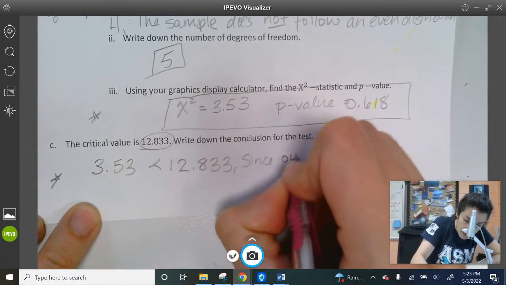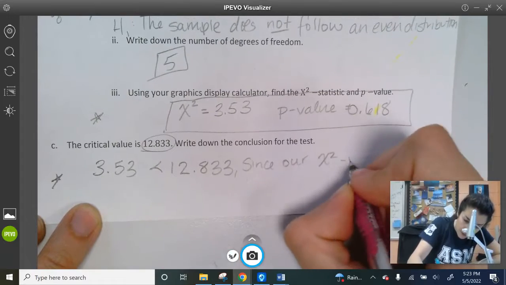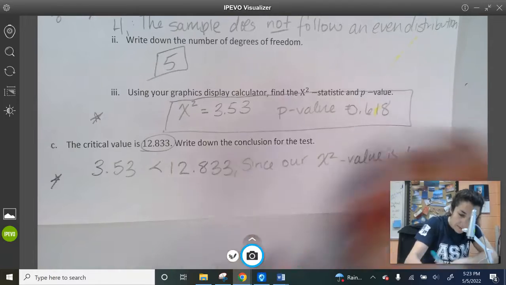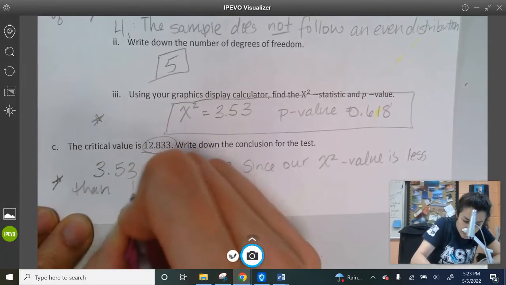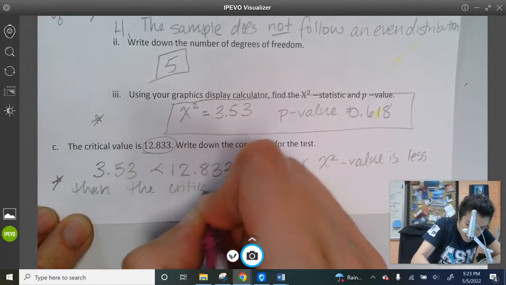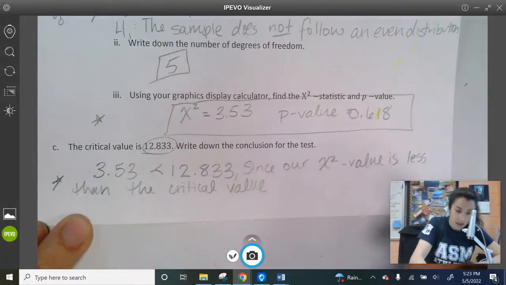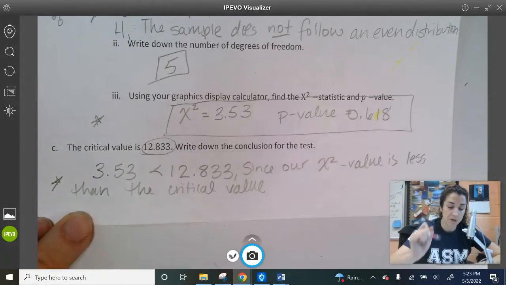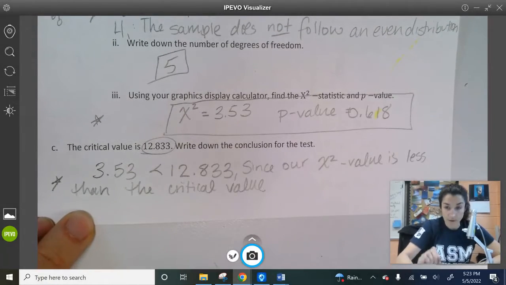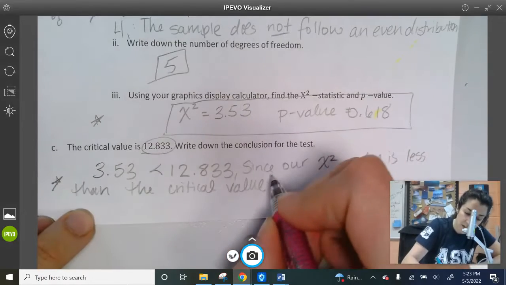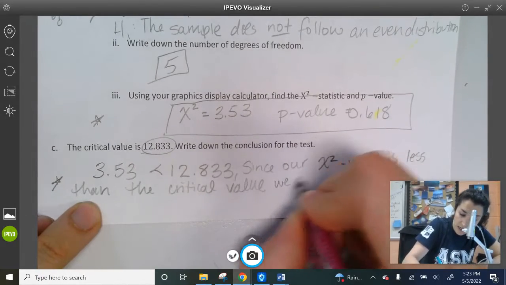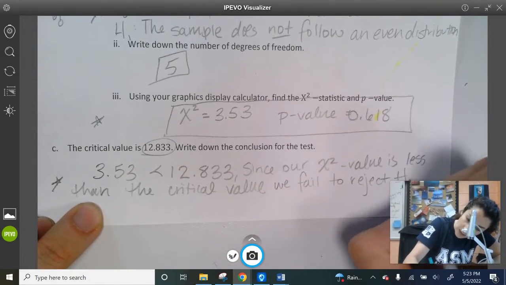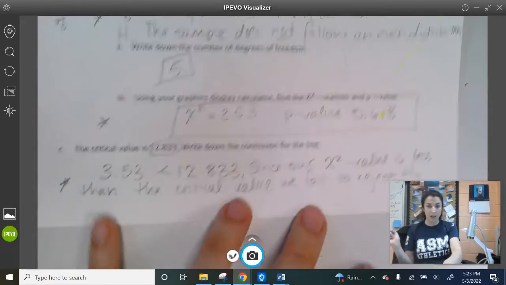And since our chi-squared value is less than the critical value, if p is low, we reject the H sub 0, so it's opposite. So chi-squared low, we fail to reject. We fail to reject the null hypothesis. In other words, we're accepting the null hypothesis.